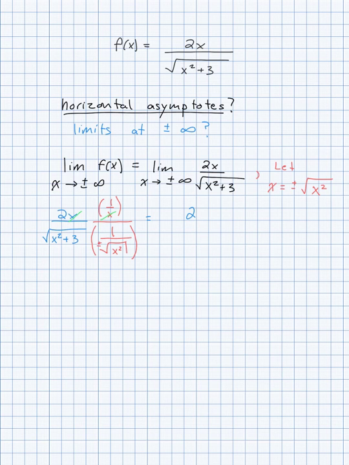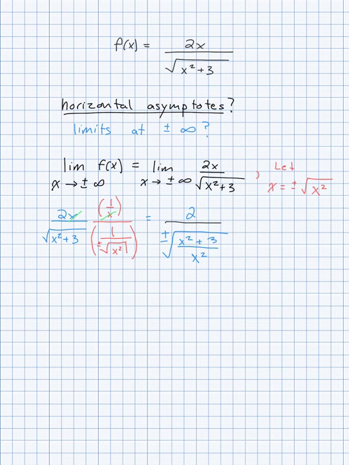And then, let's see, what do we get? 2 over plus or minus the square root of x squared plus 3 divided by x squared.